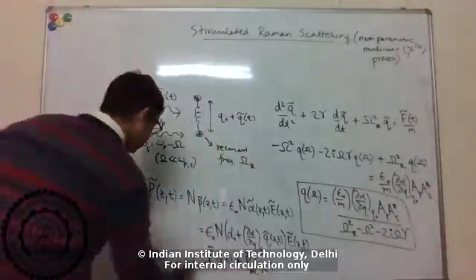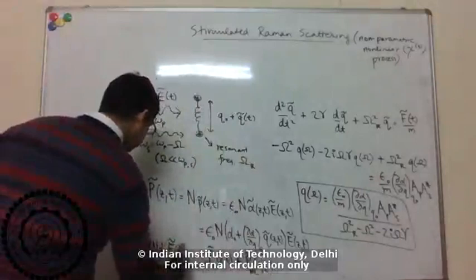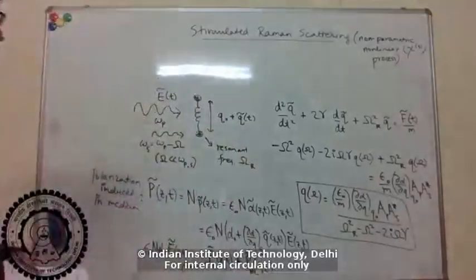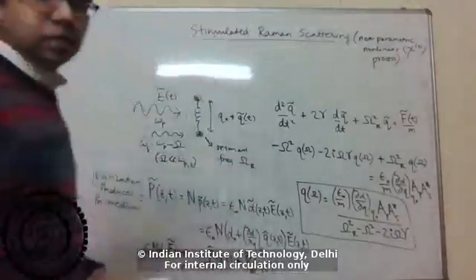Right? So this linear one is just epsilon naught n alpha naught E. And then this product of Q and E will give me the nonlinear part.